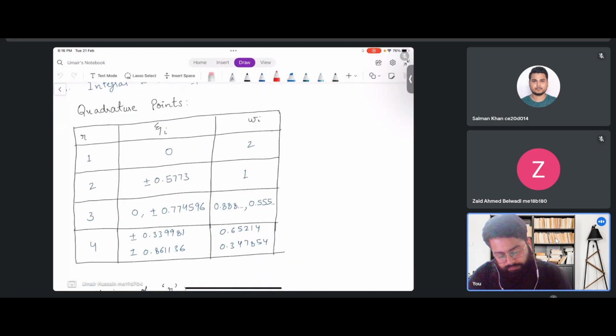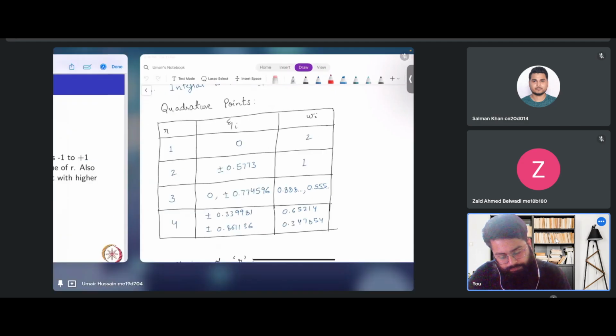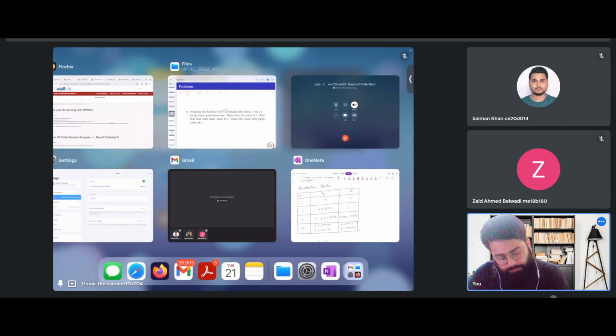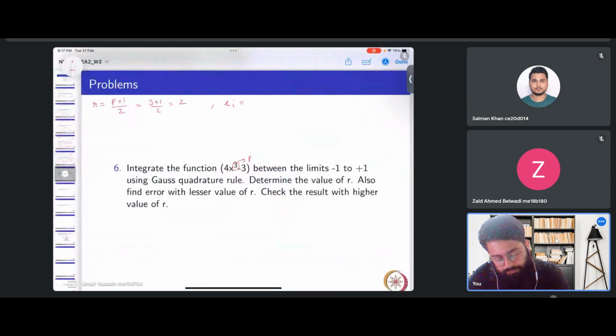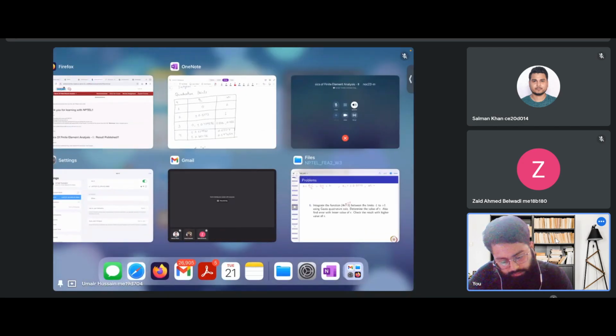Yeah, plus minus 0.5773. And the weight function was 1 and 1, right? Yeah, 1 for both.